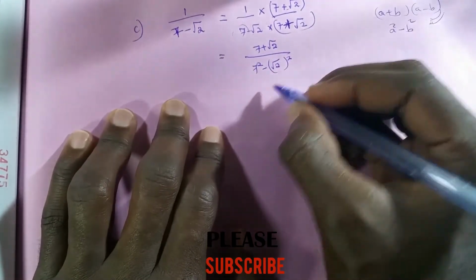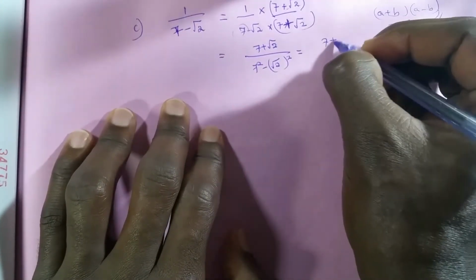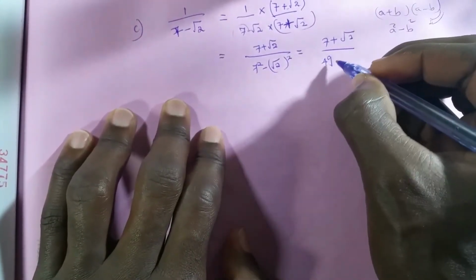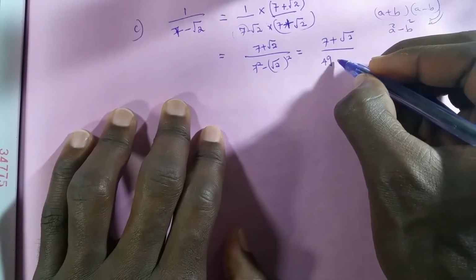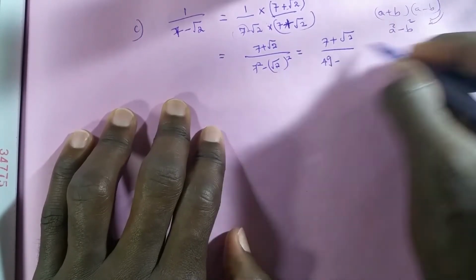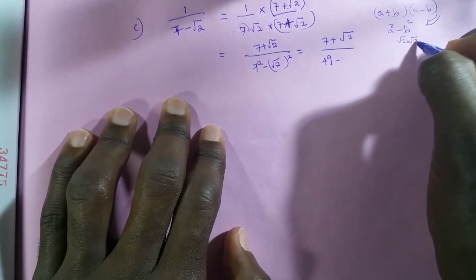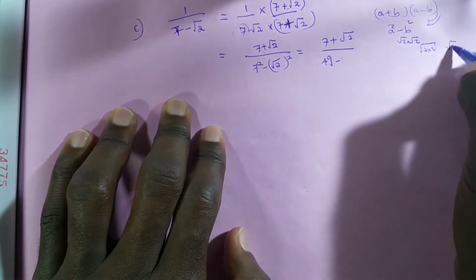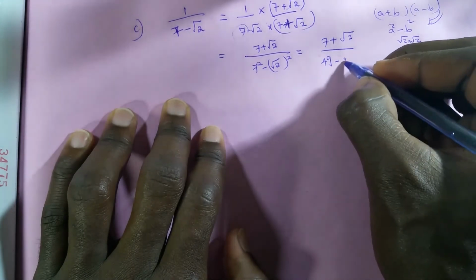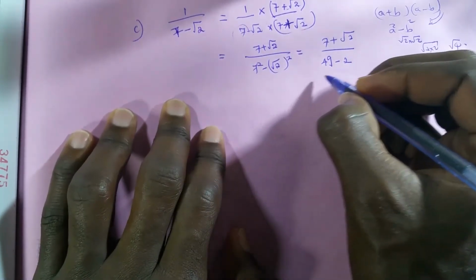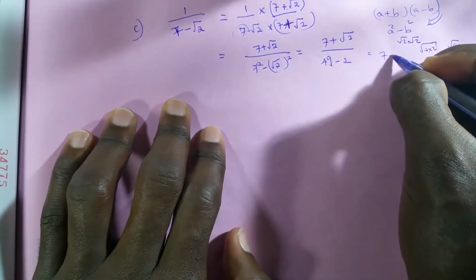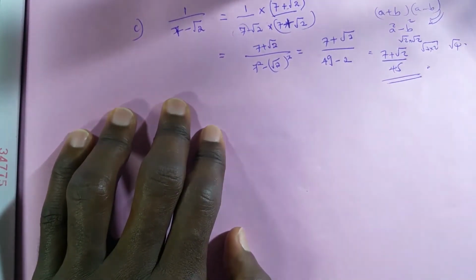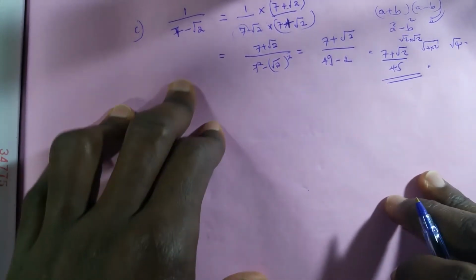Our expression has become 7 plus root 2 out of 49, which is the square of 7, minus, when you square root 2, it's like saying root 2 times root 2. It's the same as root of 2 times 2, which is the same as root of 4, which becomes 2. So in the actual sense, we are going to have something like 7 plus root 2 out of 47. See, that's how we rationalize such a number.